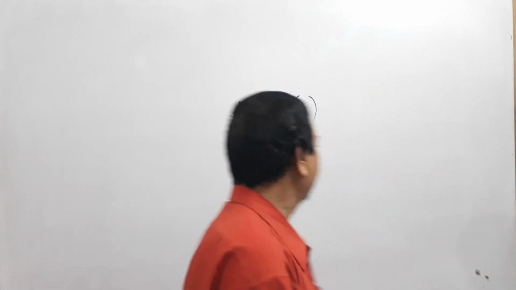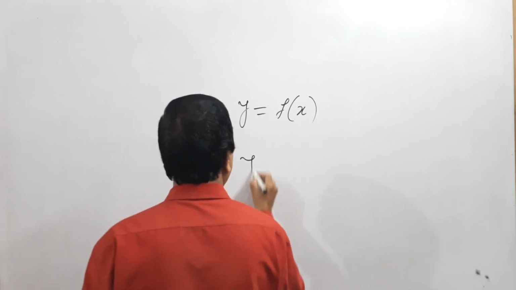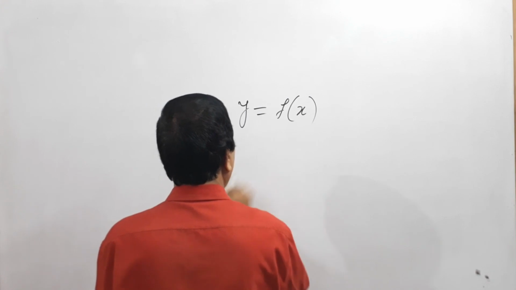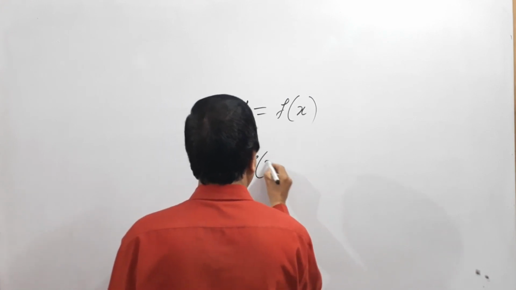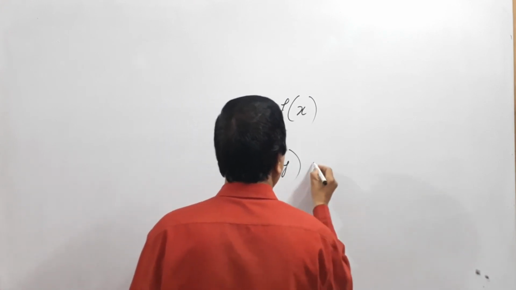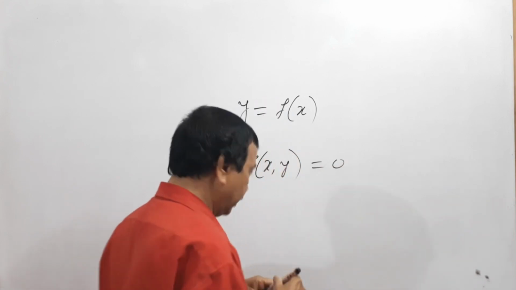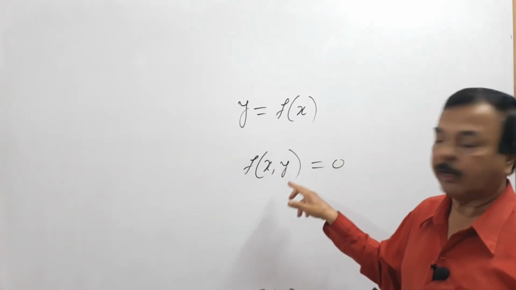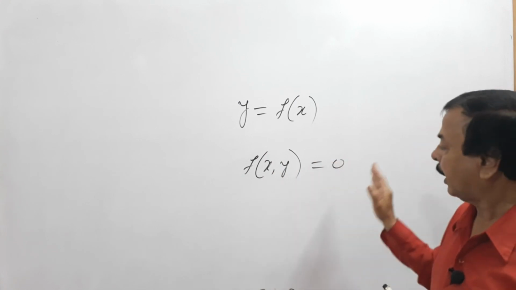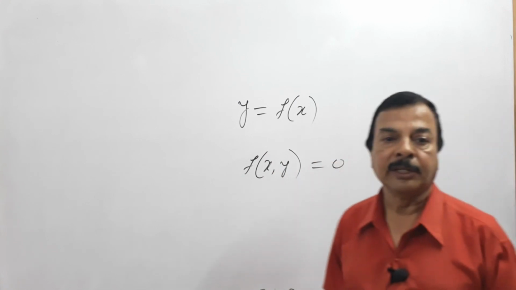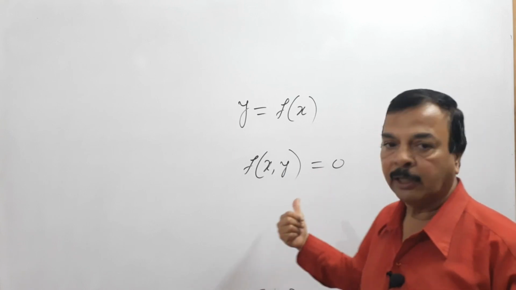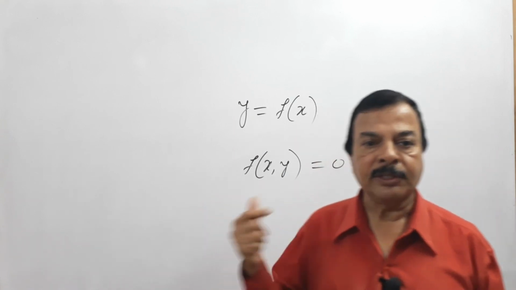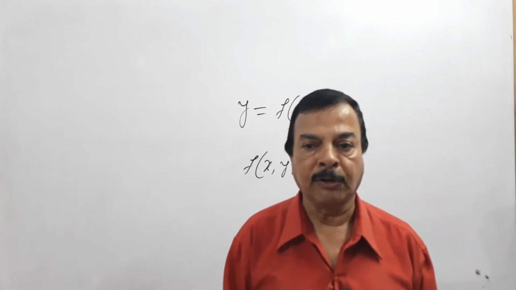So let us take another equation: f of x comma y equals 0. Here f of x comma y is an implicit function, and today we are going to learn more on this, and we'll do some problems on this which is crucial from your examination point of view.